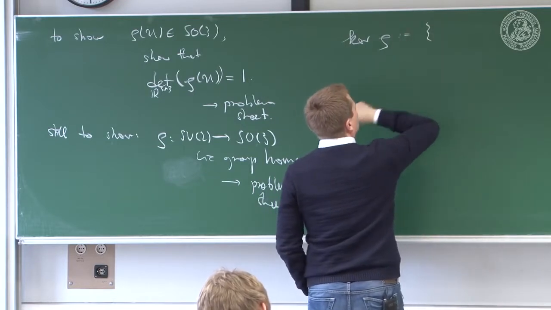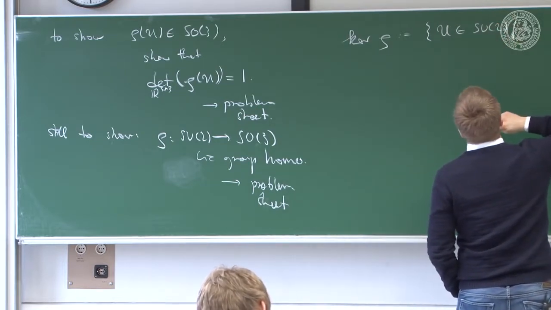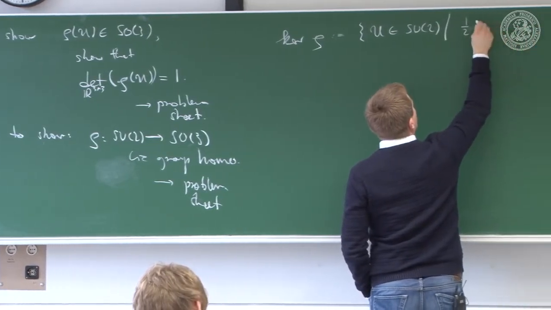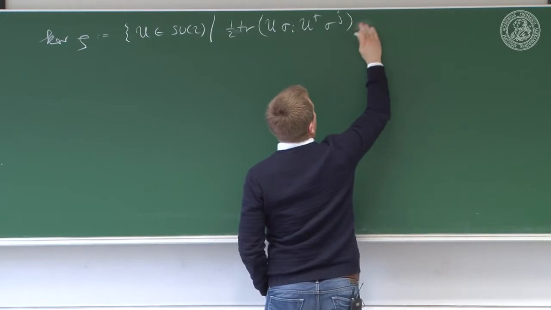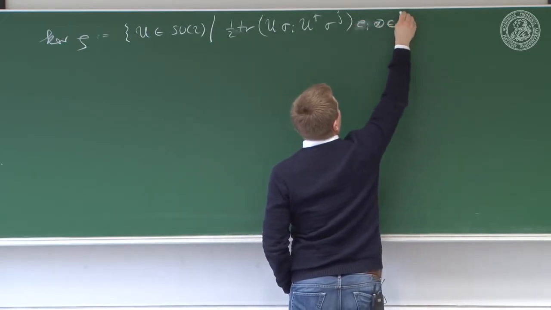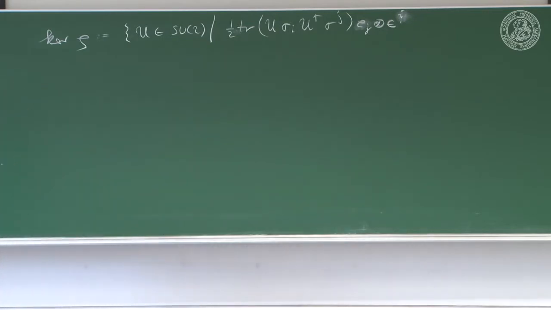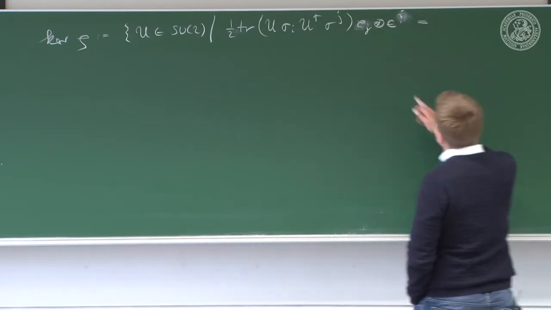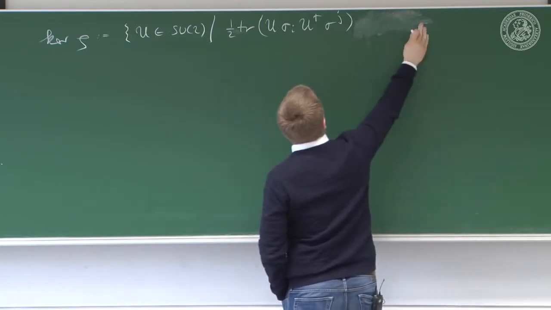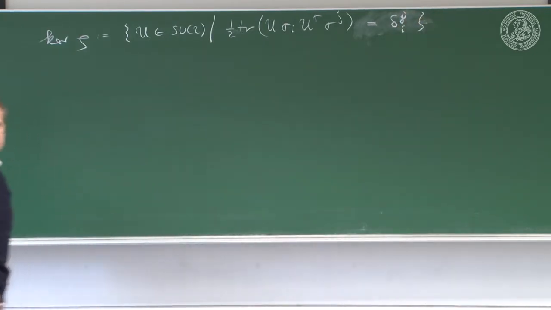The kernel of rho are all elements U in SU2 for which the map we just constructed, rho of U, which was 1/2 trace of U sigma i U dagger sigma j, times epsilon up i tensor product e j, is actually the identity map on R3, but this is if the components of it are delta ij or delta ji. Agree? That's this guy.